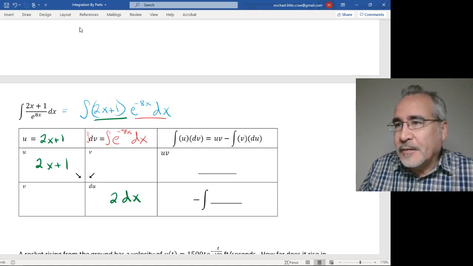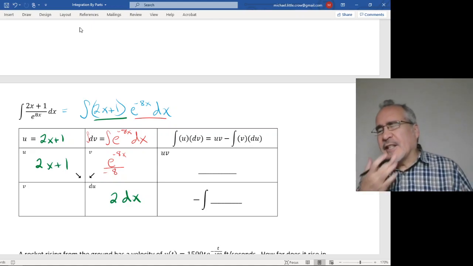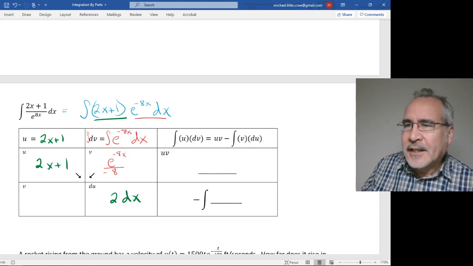So integral of dv becomes v. Integral of this, remember, will become e to the minus 8x over minus 8. Because when you take its derivative, the minus 8 comes down. We need it to cancel to get back to where we started. Okay, so that's our v.